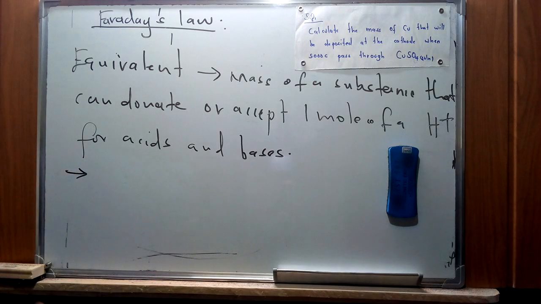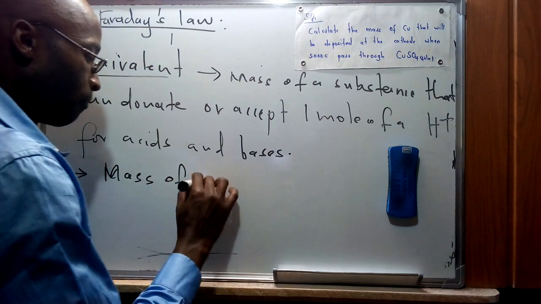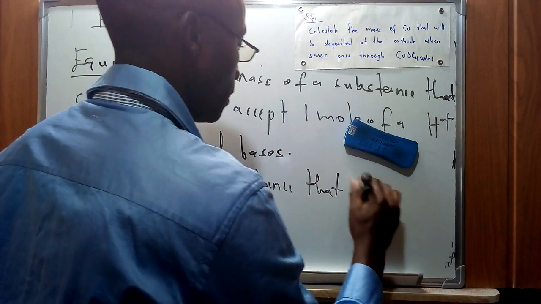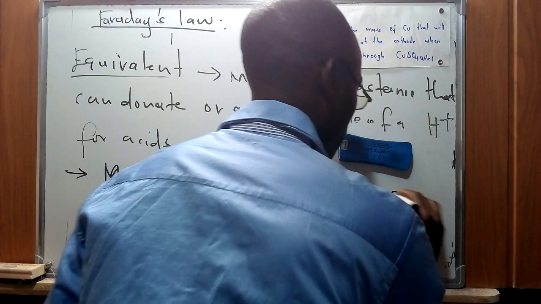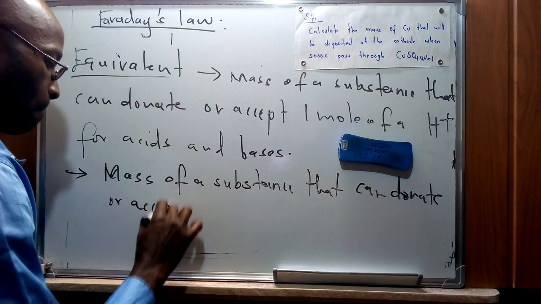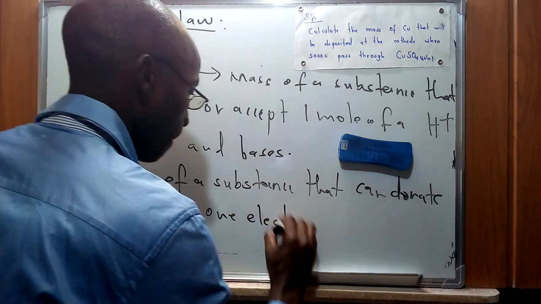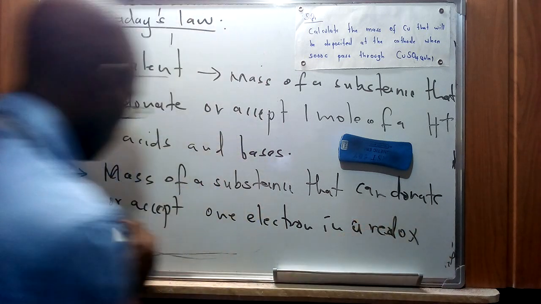Now, in the concept of electrochemical stoichiometry, this can be given in a different way, whereby we are going to define the equivalent as a mass of a substance that can donate or accept 1 electron in a redox reaction.